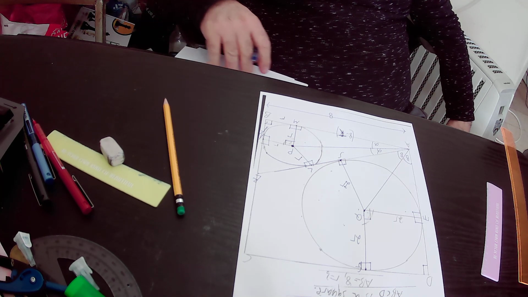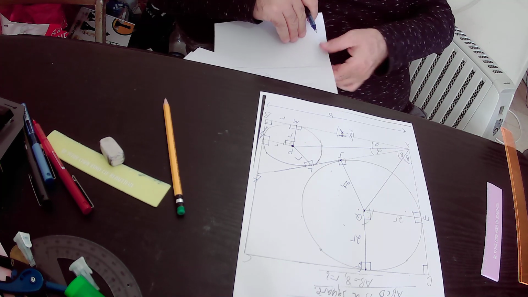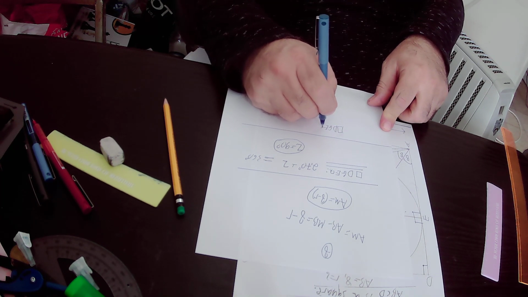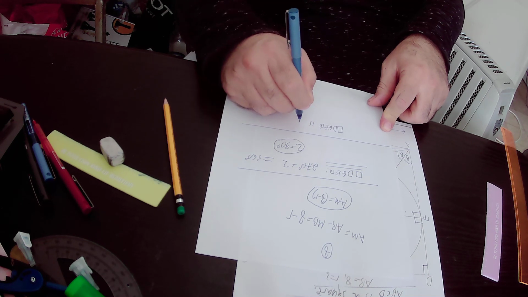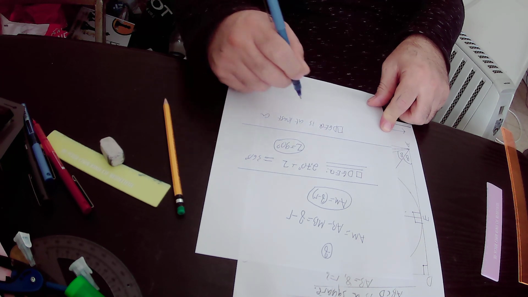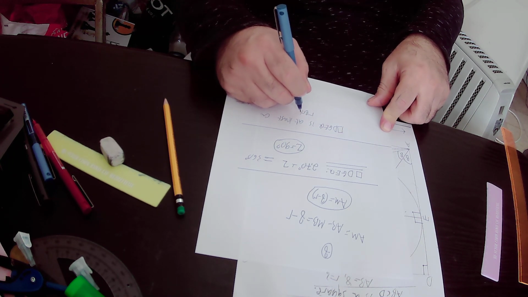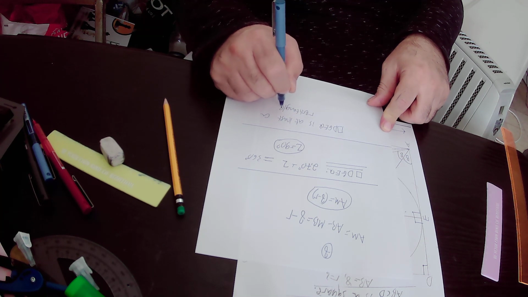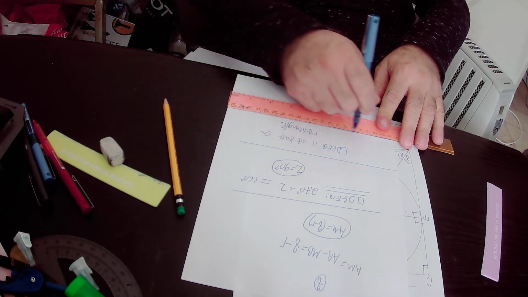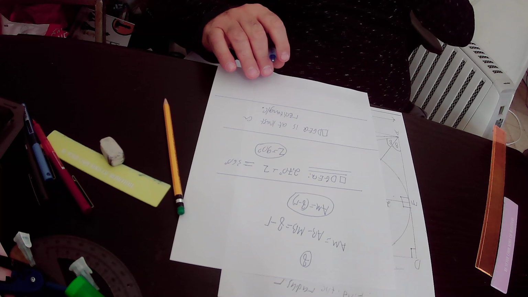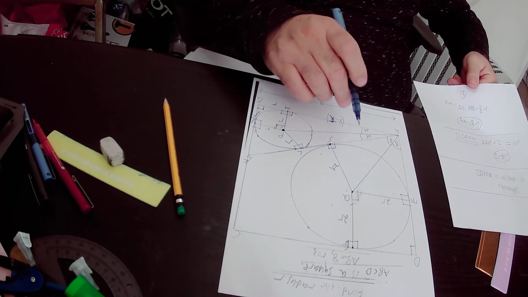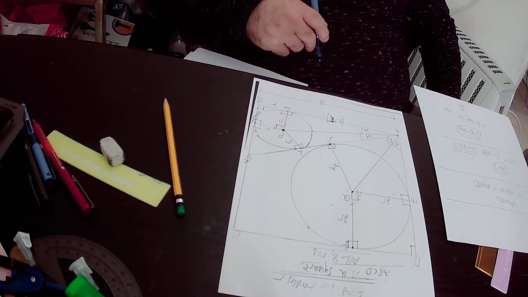So I will write down that quadrilateral DGEQ is at least a rectangle, because it has 4 right angles.